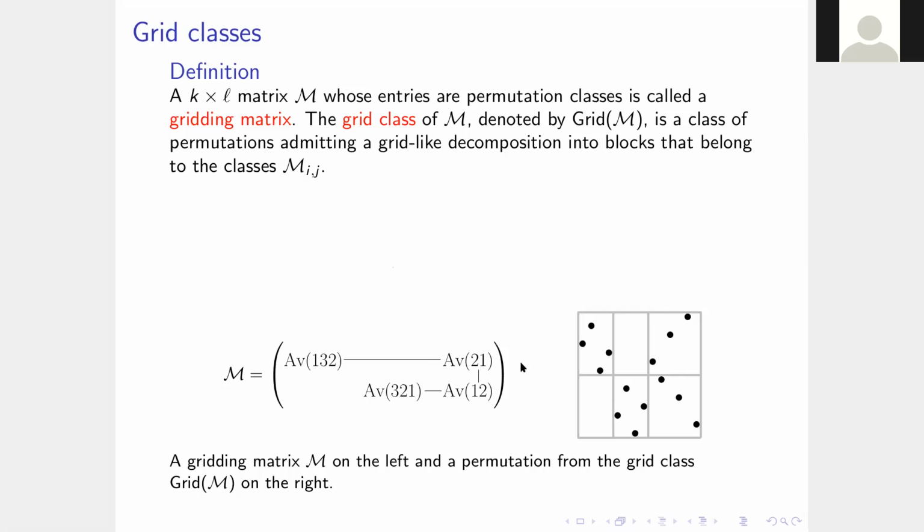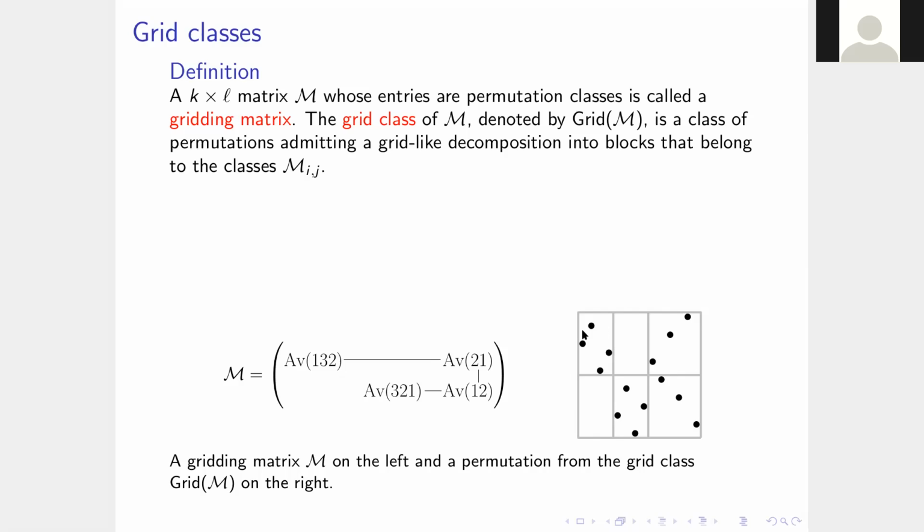In other words, it's a class of permutations such that we can cut them up into k rows and l columns in a way that each cell contains a permutation that belongs to the corresponding class in the gridding matrix. So down here, we see a gridding matrix M on the left and a permutation diagram of a permutation from its grid class together with the cut lines.